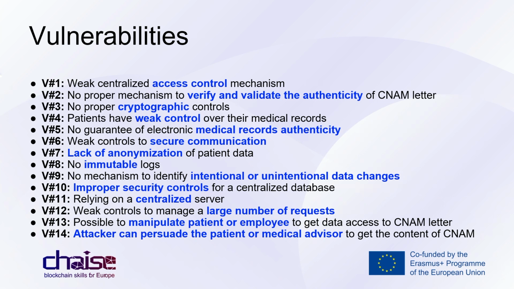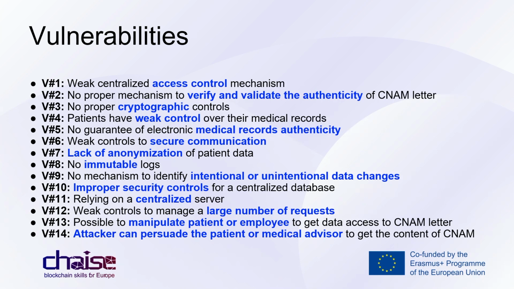Vulnerability 4 is related to patients having weak control over their medical records, because the medical records are managed and controlled by organizations, for instance, hospitals, research institutes, or pharmaceutical companies. So, patients do not have any control over their medical records, and they do not know what different organizations are doing with their records.